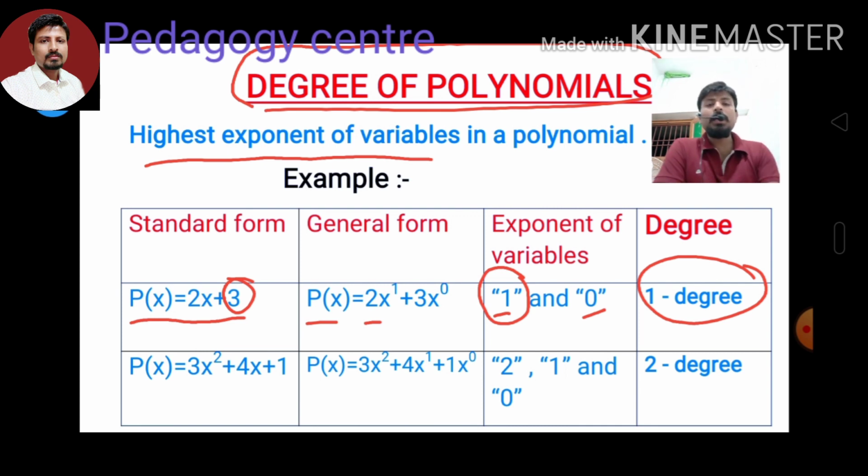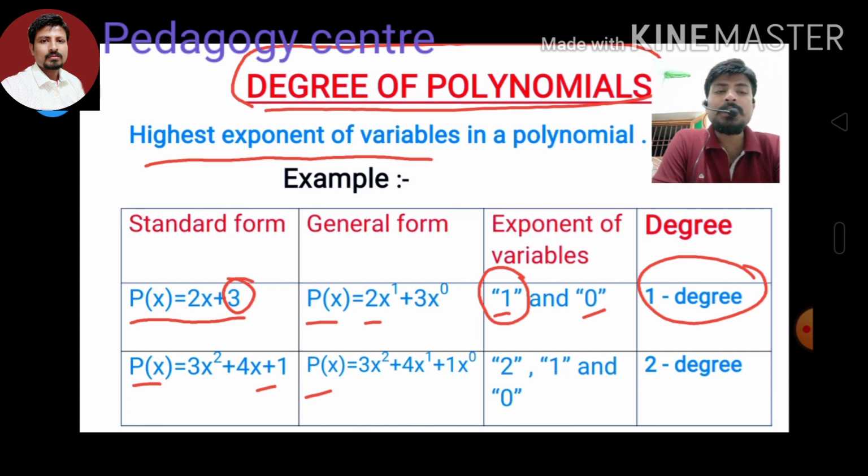Let me take another expression. If you have p of x equal to 3 into x to the power 2 plus 4 into x plus 1, it is a standard form of polynomial. So the general form of it is p of x equal to 3 into x to the power 2 plus 4 into x to the power 1 plus 1 into x to the power 0. Means x to the power 0 always gives value 1.